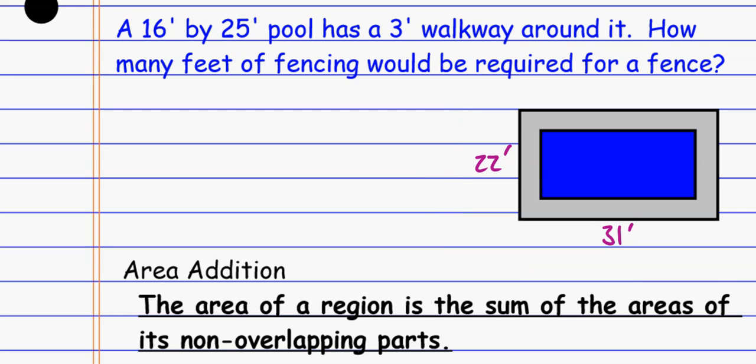Well, obviously this thing is a rectangle, so the opposite sides are the same. So this one's 31 feet, and this one over here is 22 feet. And so the perimeter is just those 4 sides added together. So for this one, the perimeter this time is going to be 106 feet.